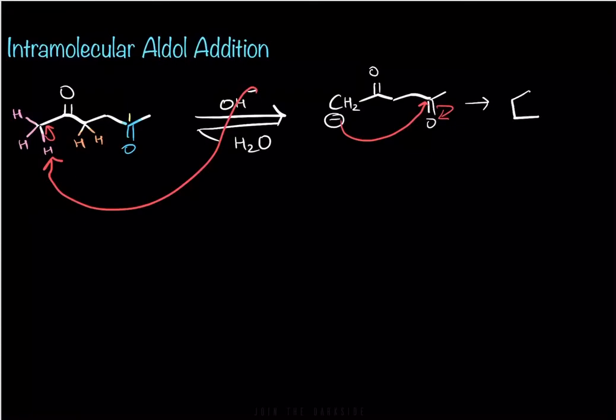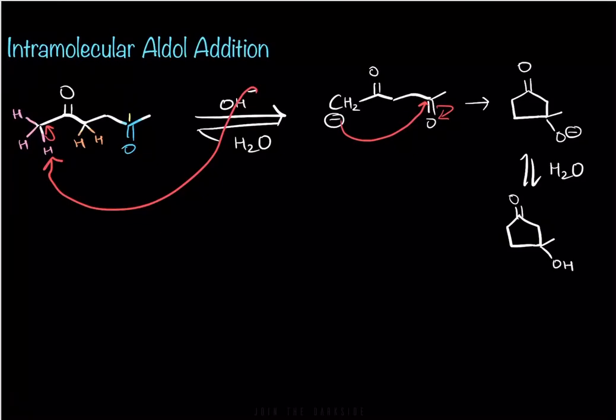In this case, it's going to form a 5-membered ring. So here is the 5-membered ring that is formed, and in the next step, it's going to take in water, where the negatively charged oxygen is going to get protonated, forming the beta hydroxyketone. So here is the beta hydroxyketone.